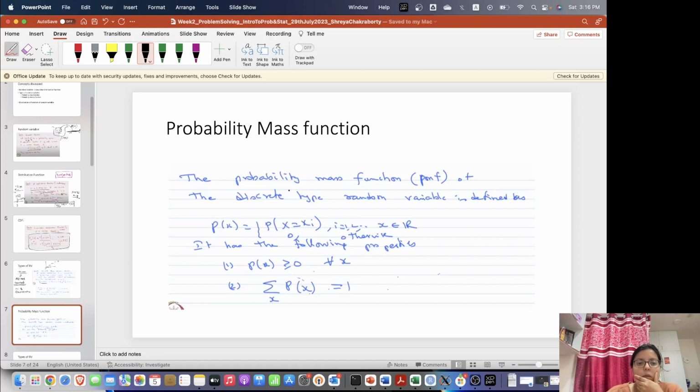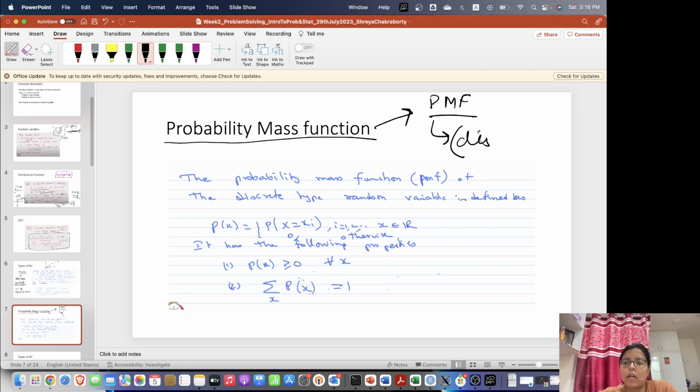Also, one thing we learned, probability mass function. The thing we should keep in mind is that whenever we are talking of probability mass function or PMF, we are talking about a discrete random variable. Then p(x) is defined as probability X equal to xi, and it has the following properties.